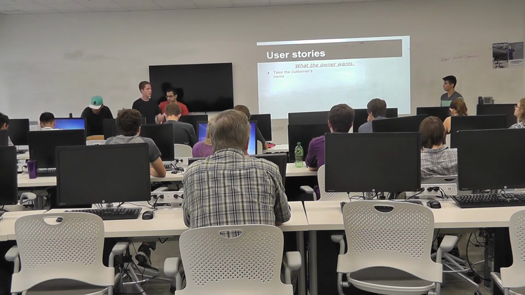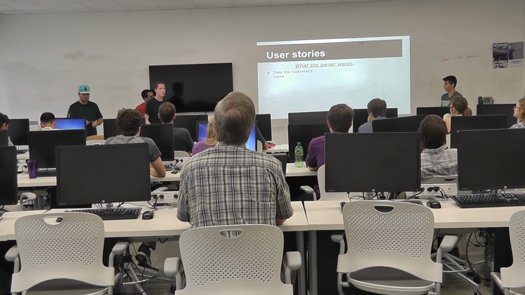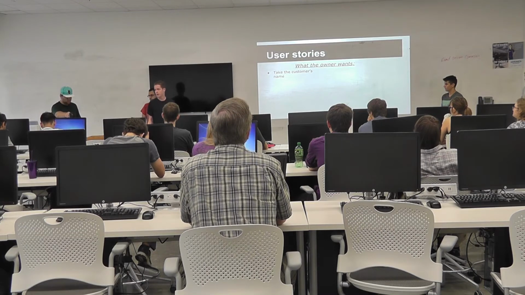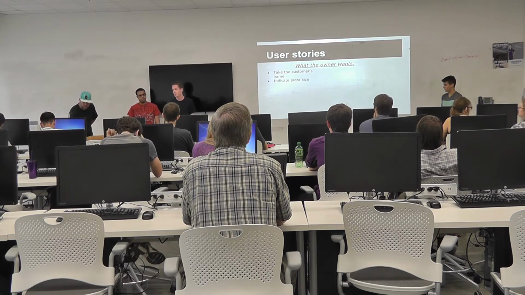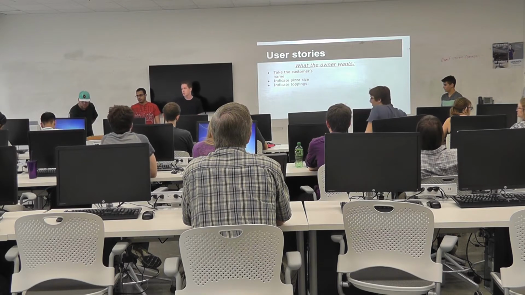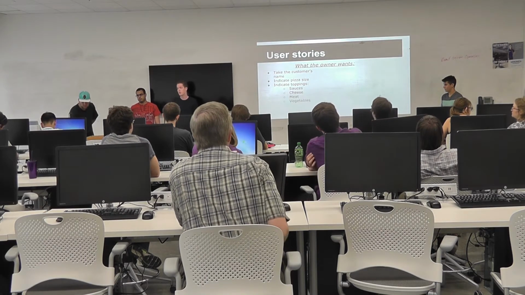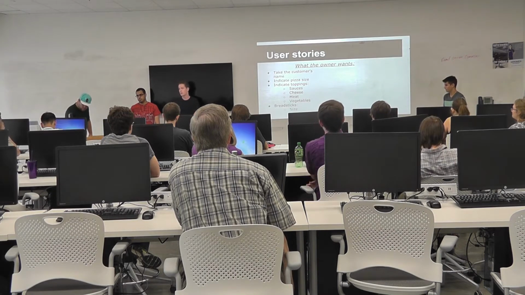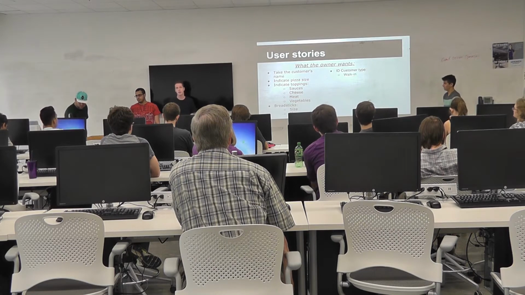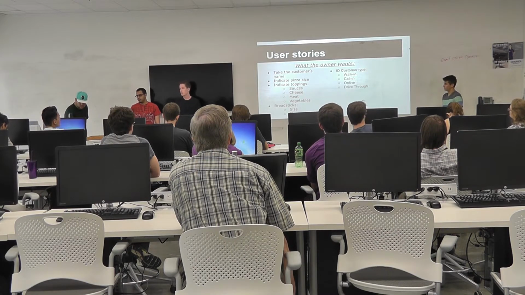When I went to meet with Juan to find out what he wanted for the program, I figured out that he wants the program to take the customer's name, indicate the pizza size, indicate what toppings, the sausage, cheese, meat, vegetables, what size breadsticks they want, what flavor, how they ordered, online, walk-in, all that.